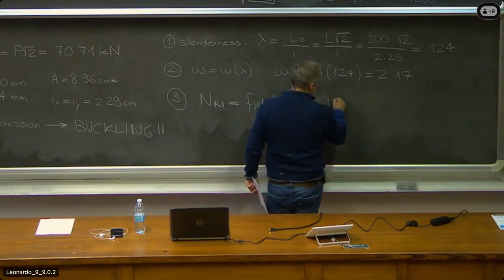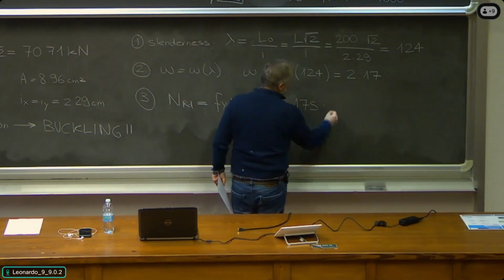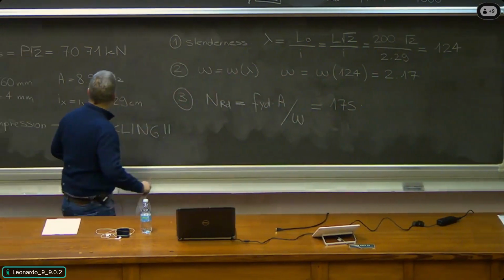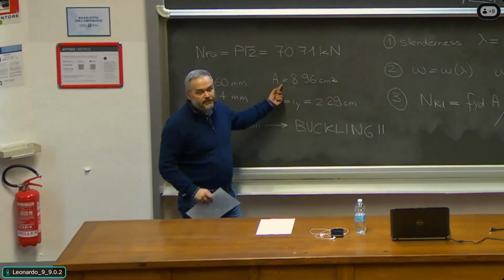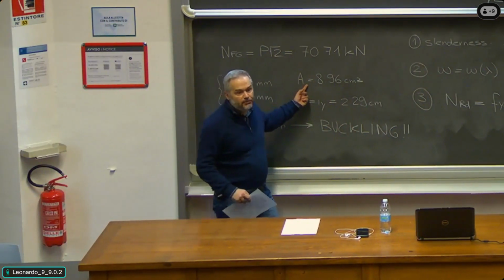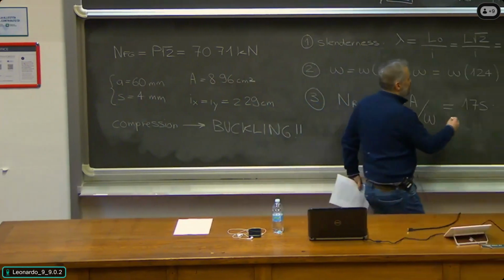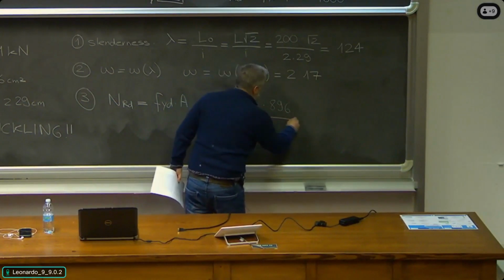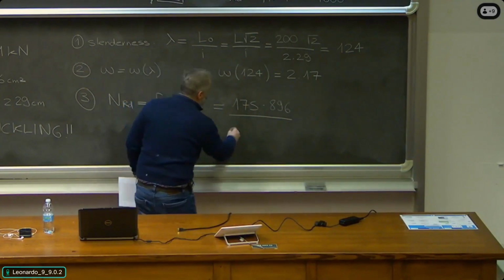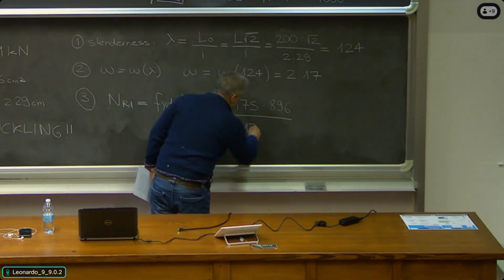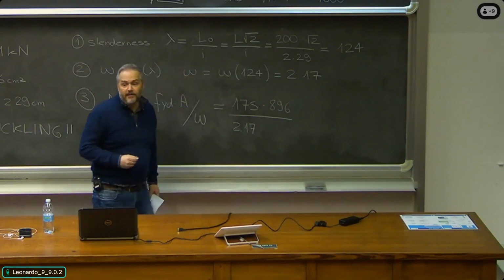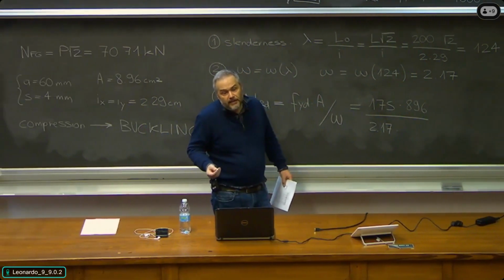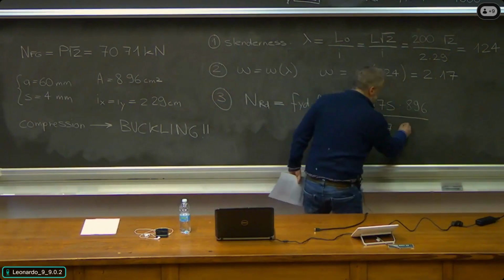So what do I have? 175 multiplied by A, the area provided, which is 896, and I will put it in square millimeters, 896 divided by omega, which is 2.17. And then I will divide by 1000 in order to get the result in kilonewtons.